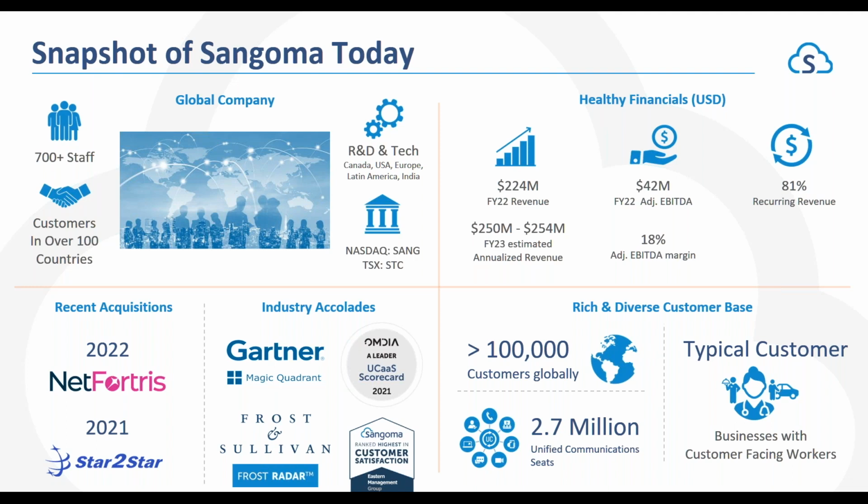That talks about our range of services and our customer base. Looking at our financial numbers, we are a very healthy company financially. We have revenue of 224 million for financial year 22. 81% of our revenue is recurring, which is a very stable ongoing income and profit.